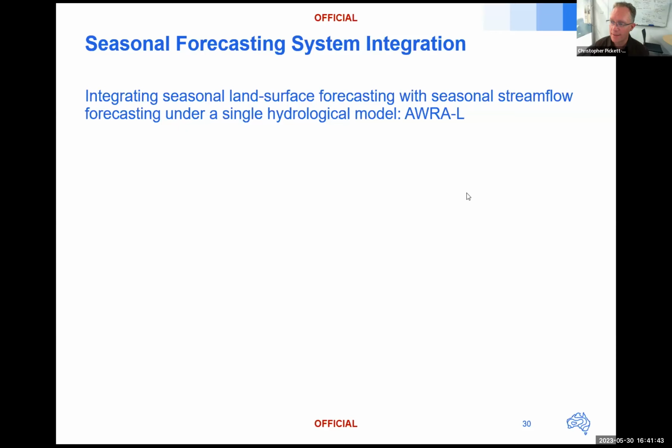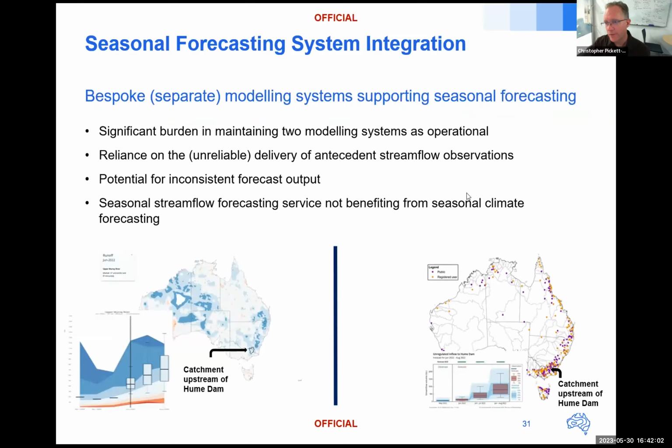Point being is that these systems require a lot of maintenance, a lot of development by skilled software engineers, and they have to be very reliable because they're running every day. At the moment, we have bespoke or separate modeling systems supporting these two forecasting services.